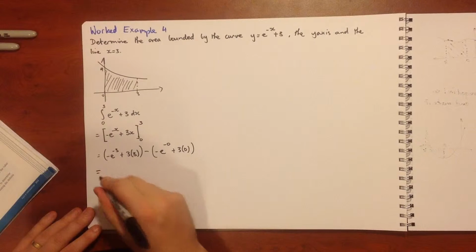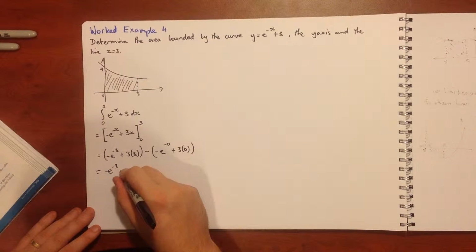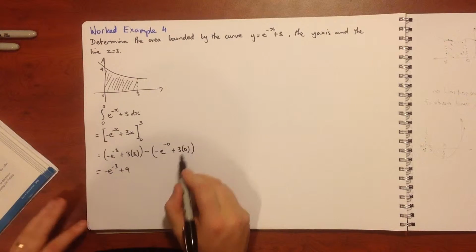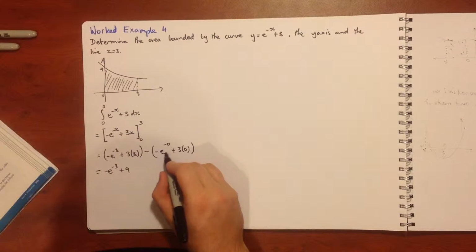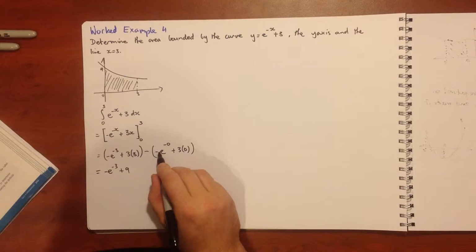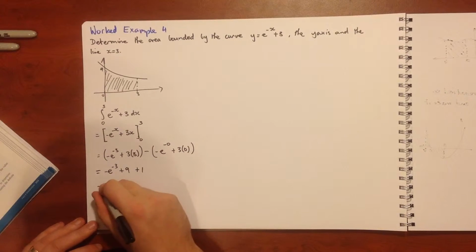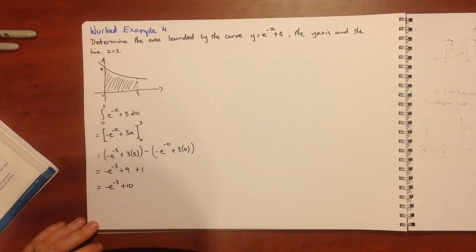Now we've got negative e to the negative 3 plus 9. 3 times 0 is obviously 0. Anything to the power of negative 0 is 1, so we take away negative 1, which is the same as plus. So we get negative e to the negative 3 plus 10. That's all we have for that worked example.